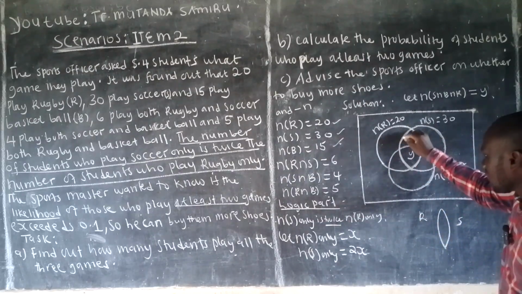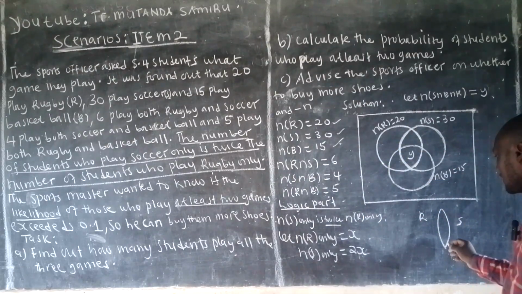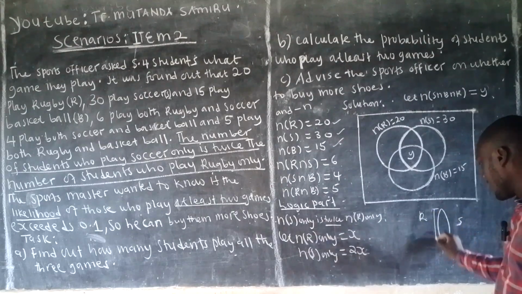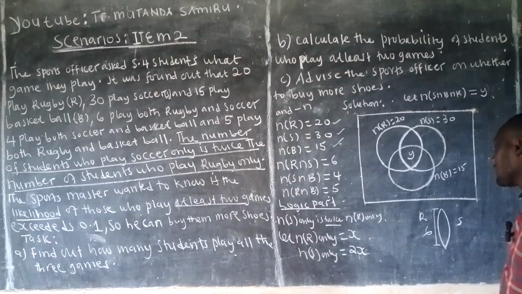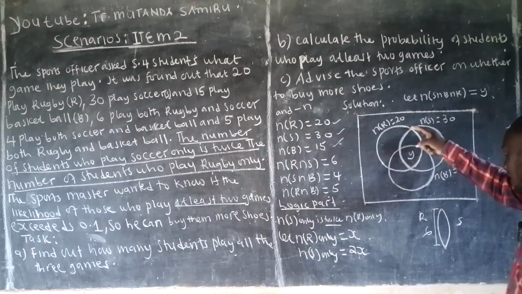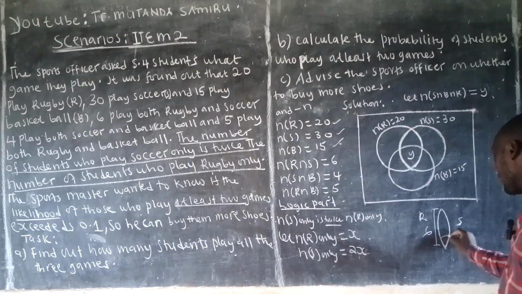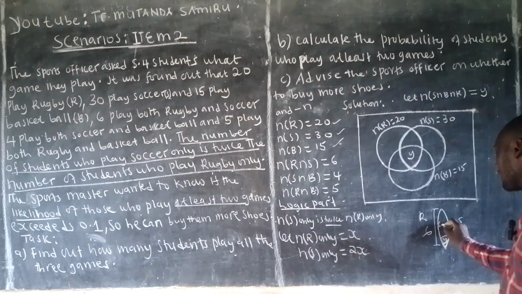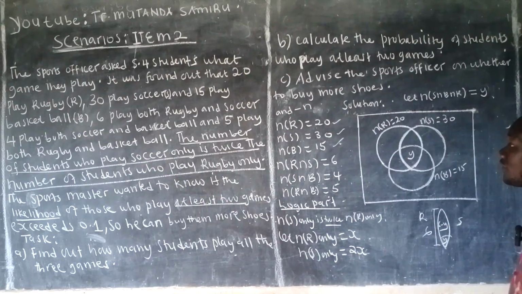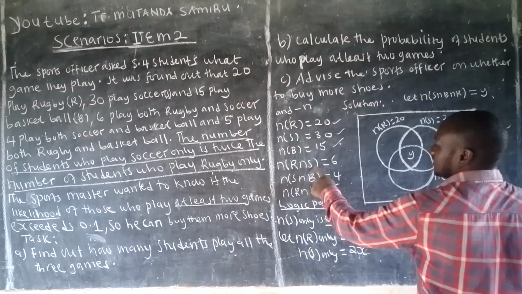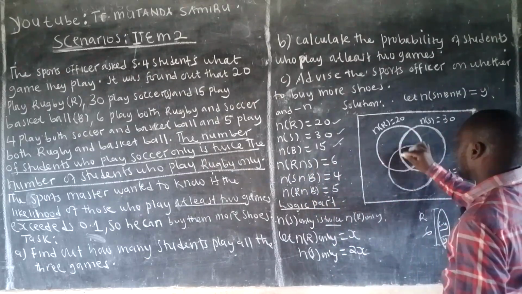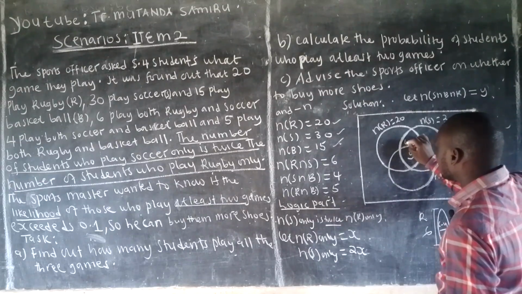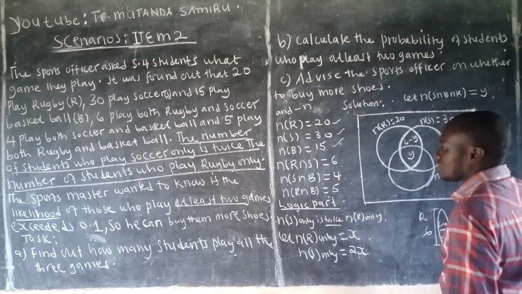That 6 takes over that whole space from here up to here. But what if, from that 6, they remove a Y? Here we remain with 6 minus Y. So take note of that. The number in R intersection S is 6, and that 6 takes over this whole area, but part of the area has been taken by Y. What will be the remainder? The remainder will be 6 minus Y. You have to take note of that.